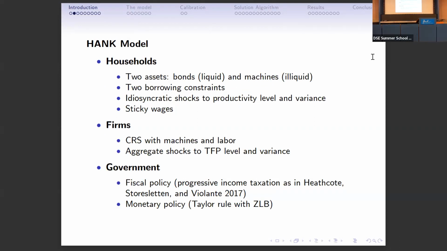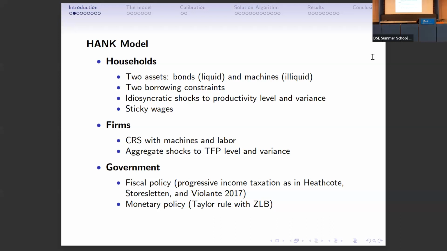And so if you want to account well for the wealth distribution, and also relative differences across different agents, it's important to have this side also, right? So that's why we use wage rigidity.